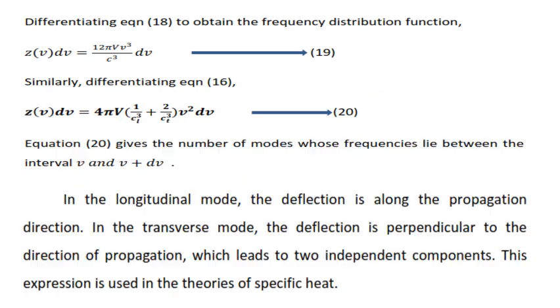Now you differentiate that equation and you will get Z(ν)dν equal to 12πVν²/c³ dν. Similarly, differentiating equation 16, you get Z(ν)dν equal to 4πV(1/c_L³ plus 2/c_T³)ν²dν. This is a very important equation.